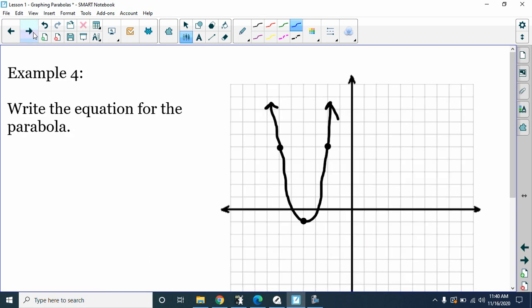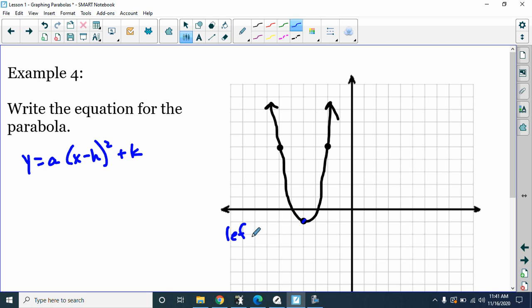The last type of problem looks like this, where they give us the graph of a parabola, and then they ask us for the equation. If we know what the vertex is, we want to start with vertex form. We're thinking through the translation. This translation is left 1, 2, 3, 4, down 1.